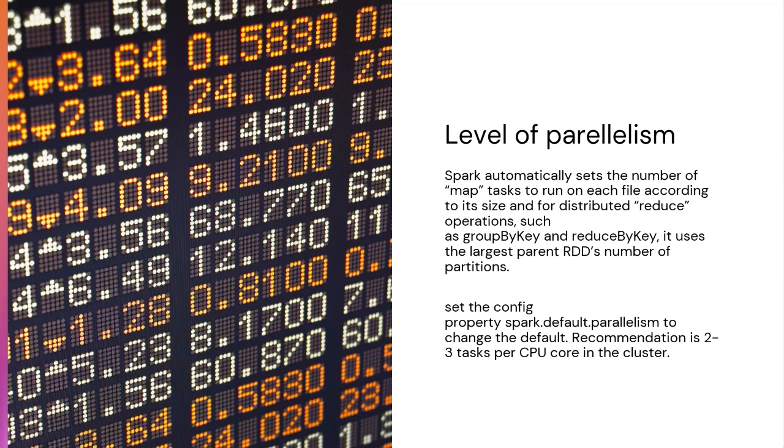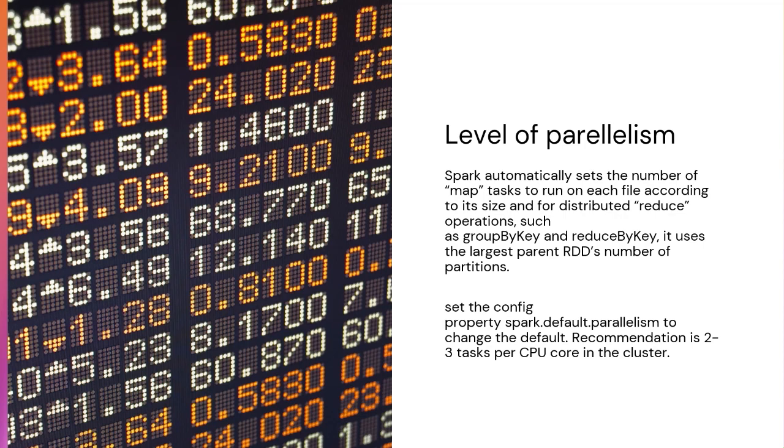The moment you want the data to come to one place, there is a huge amount of shuffle, a huge amount of data transfer happening in the network. It is bound to increase the time and put a performance hit. So it is better to think of how you are structuring the logic.